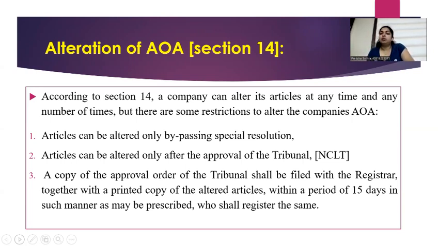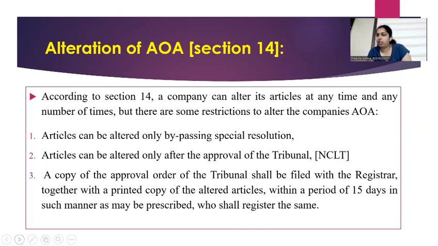Thirdly, a copy of the approval order of the tribunal must be filed with the registrar together with a printed copy of the altered articles within a period of 15 days in such manner as may be prescribed, who shall register the same. So, Articles of Association is another registered document with the registrar of companies.